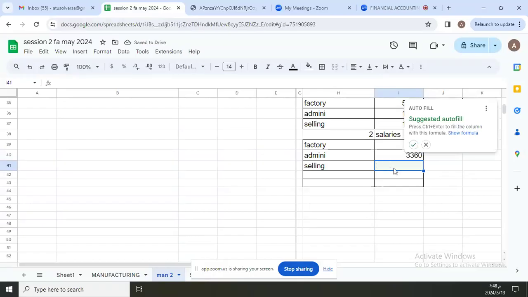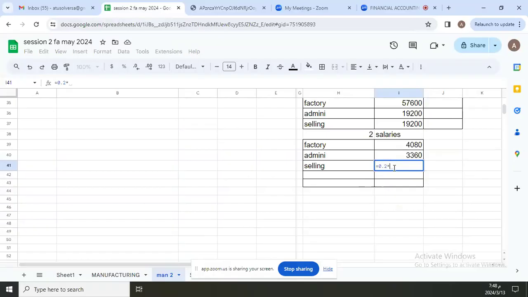Still it will be equals to 0.2 multiplied by 4,800. When we add, yes, it is giving us 4,800.